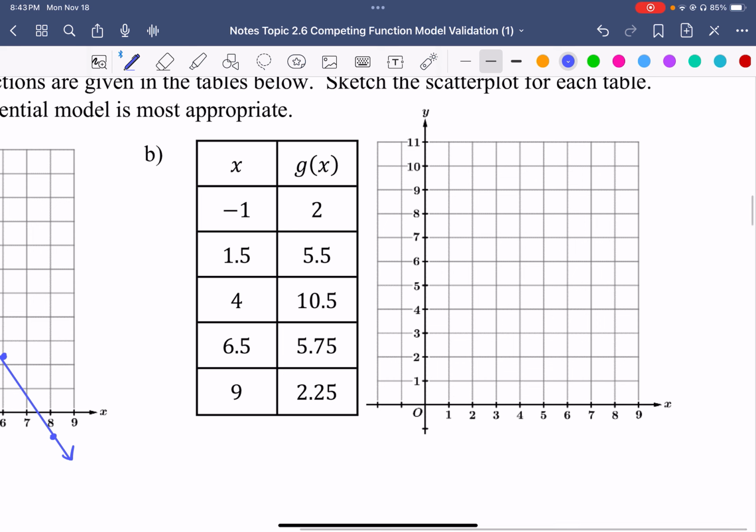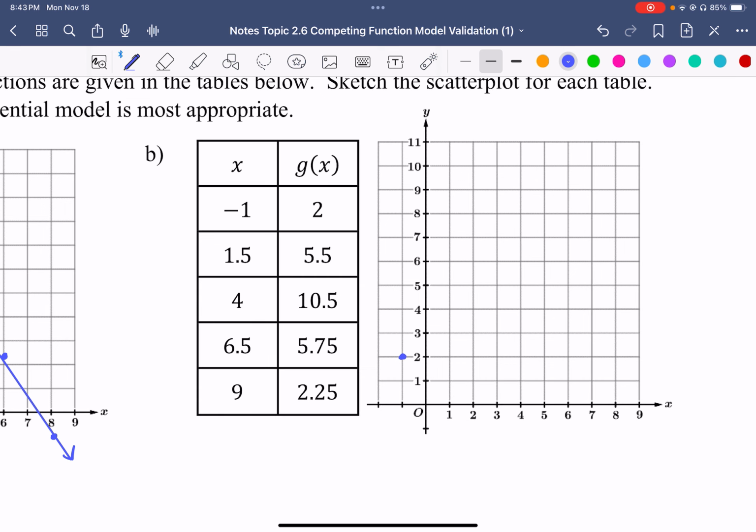We have (-1, 2), (1.5, 5.5), (4, 10.5), (6.5, 5.75), which would be around here, and then (9, 2.25) might be somewhere around there. So I'm looking at this and it looks like it could be a parabola.